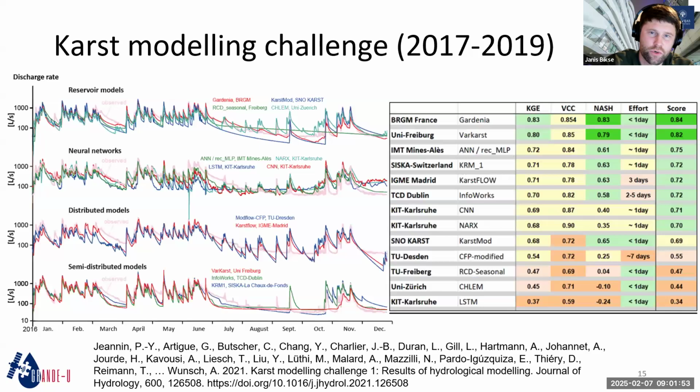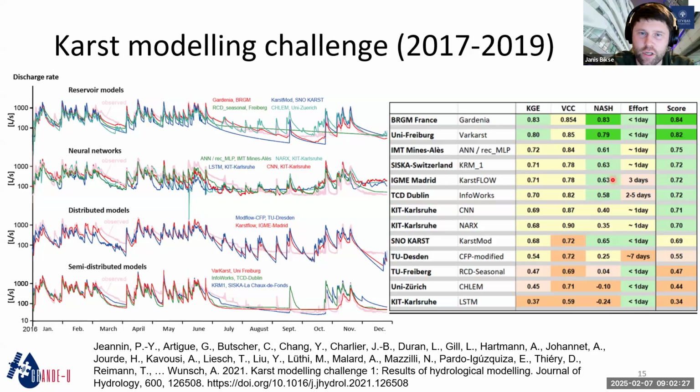And here are some results from that challenge, where we can see that models are categorized in 4 different categories, starting from some reservoir models and neural network models. On the right part, we can see the particular metrics of each team, as each team used a different kind of model. For some teams, the performance was quite nice, and for some teams, the performance was not so good.